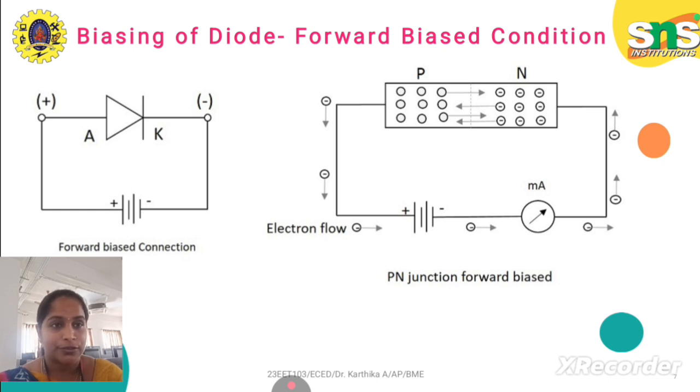Here we have electron flow from P to the positive side of the source, which is measured in milliamps, and the flow continues to the N region. PN junction forward biasing. See the diagram from P to N.